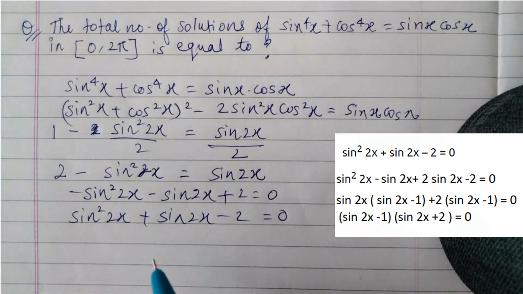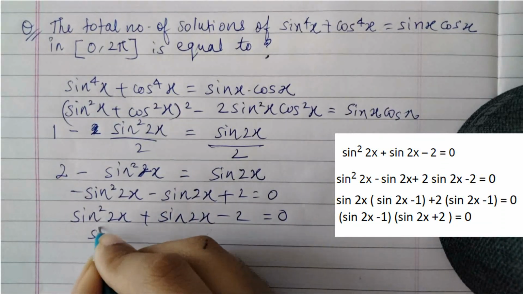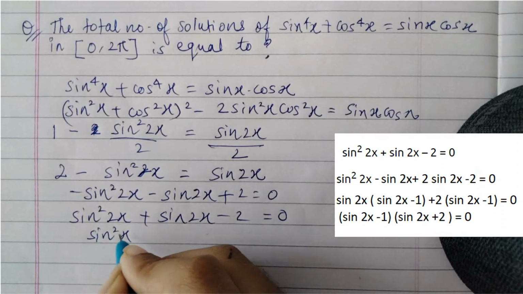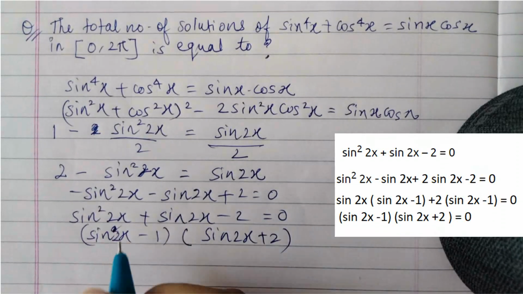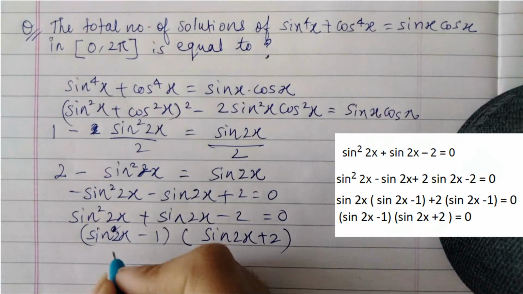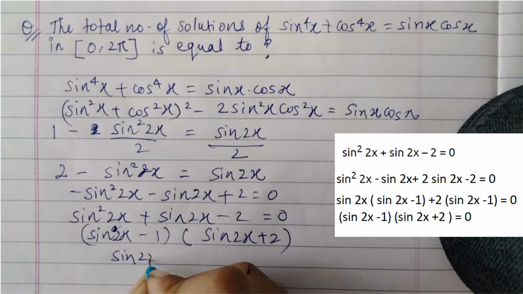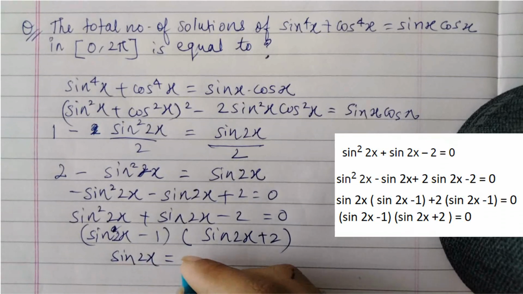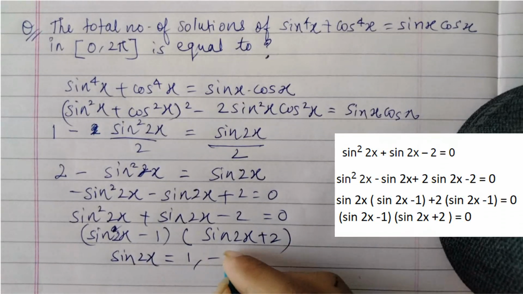So we can find the roots of this equation, which will be (sin 2x − 1)(sin 2x + 2) = 0. So the two roots are sin 2x = 1, and sin 2x = −2.